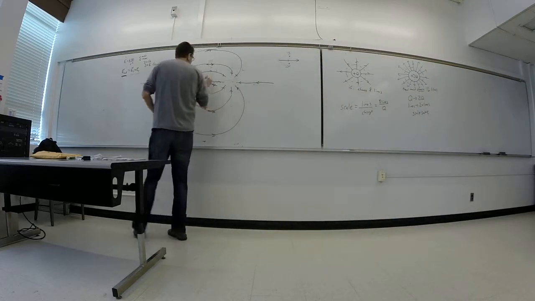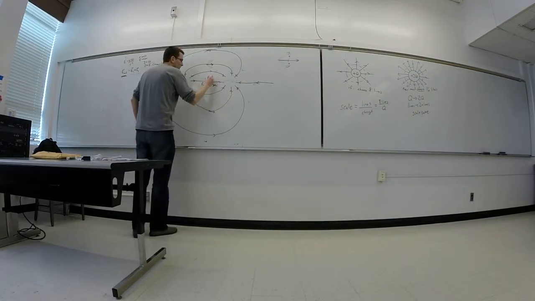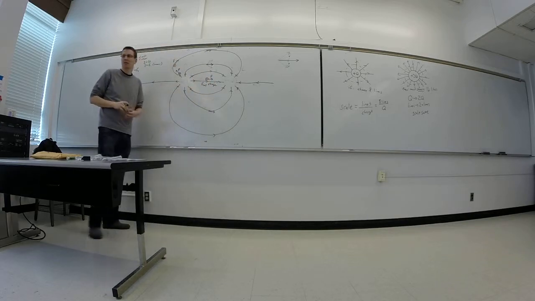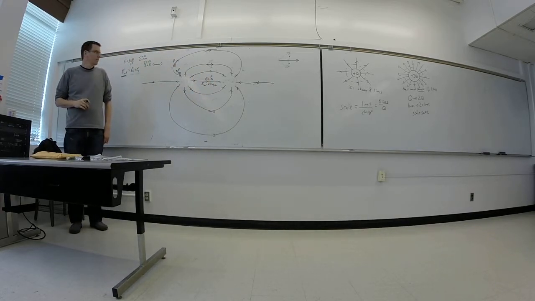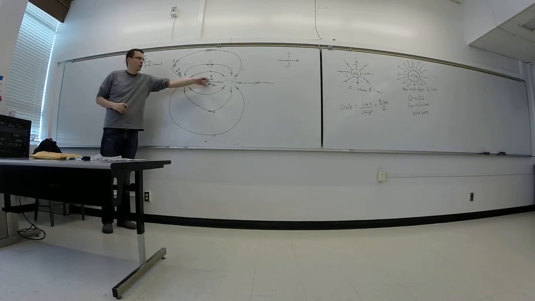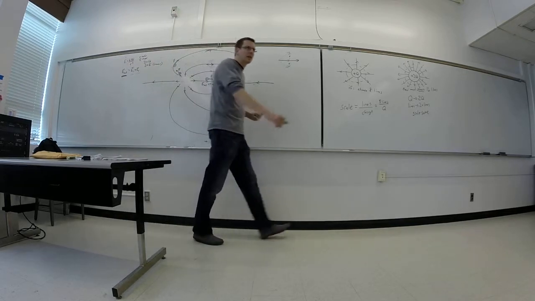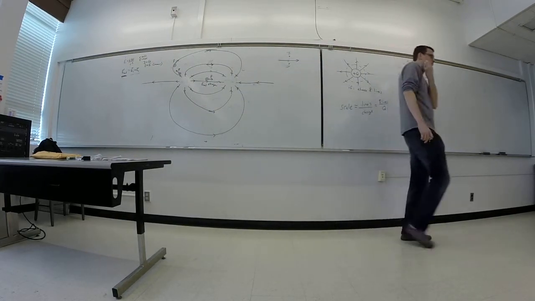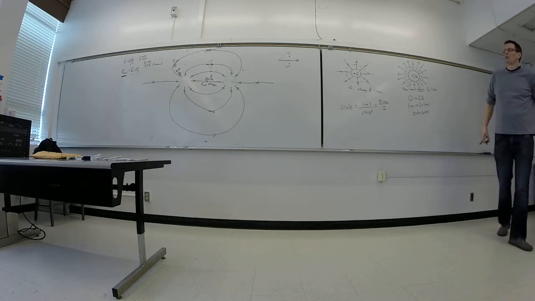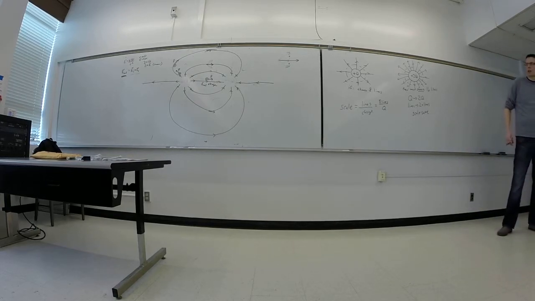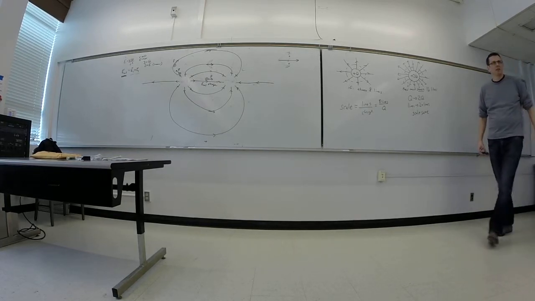If you drop the positive test charge here, no question what would happen. It would feel a force like this. Because that's a win-win for everybody, right? That plus charge is repelled by this one, and it's attracted to this one. So it'll definitely feel a force to the right. So, a couple things about this.